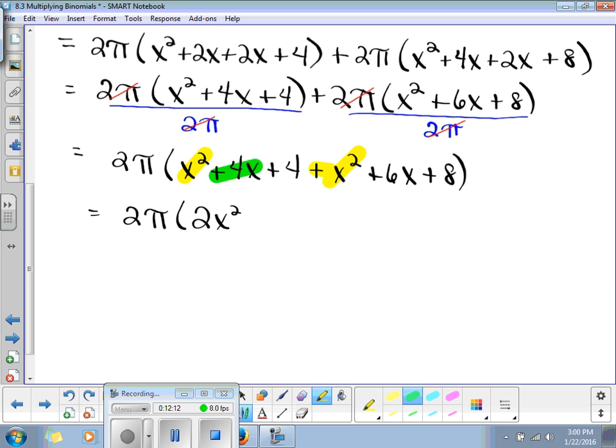Then we've got a positive 4x and a positive 6x. That's going to give me what? 10x. And then finally, we've got a positive 4 and a positive 8, plus 12. And this is the expression that will give you the surface area of the cylinder.